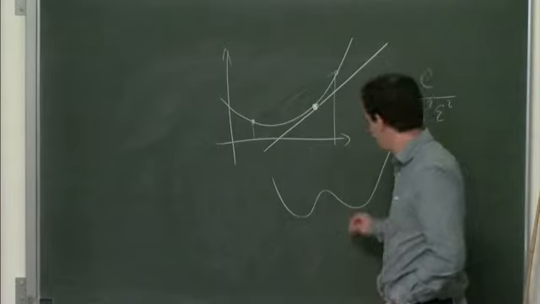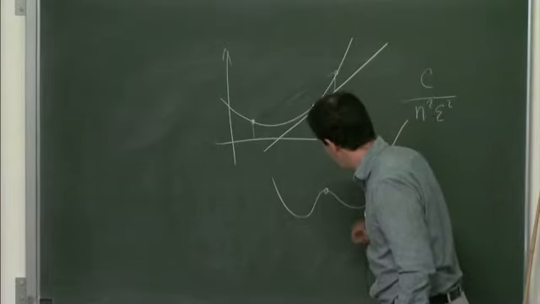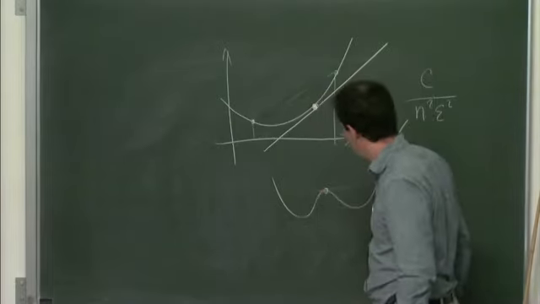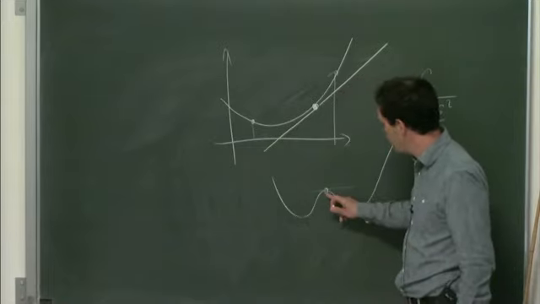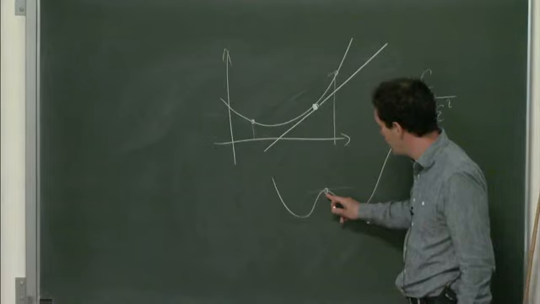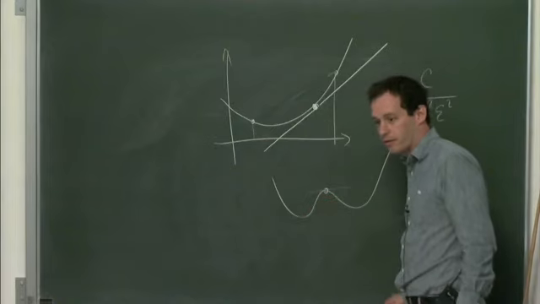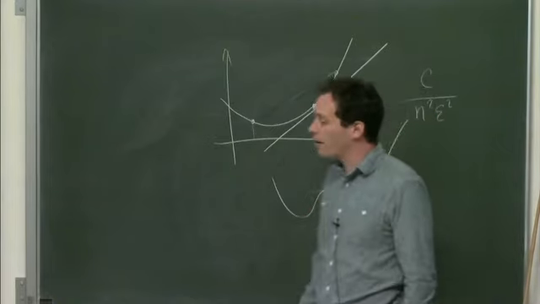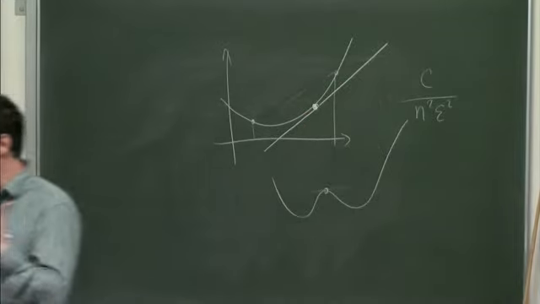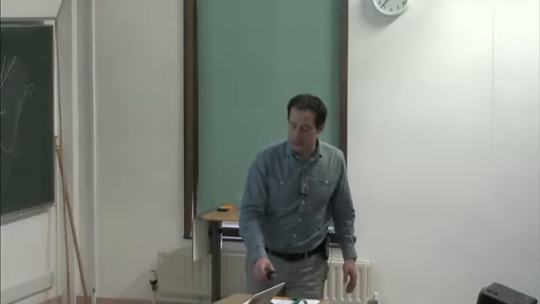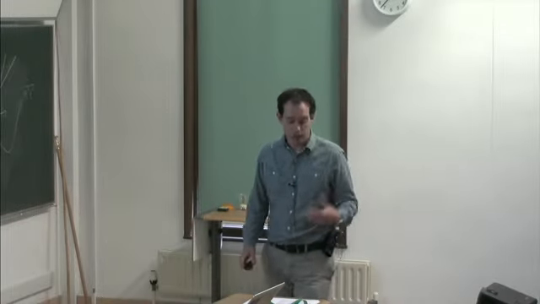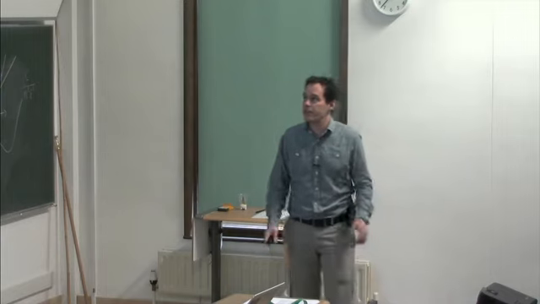Right? Because if I look at this point and take the line that is tangent to the graph of the function at that point, I don't get a lower bound on the function. Right? So convex functions are those where very simple greedy algorithms for optimization actually work. That's roughly a definition of convexity.